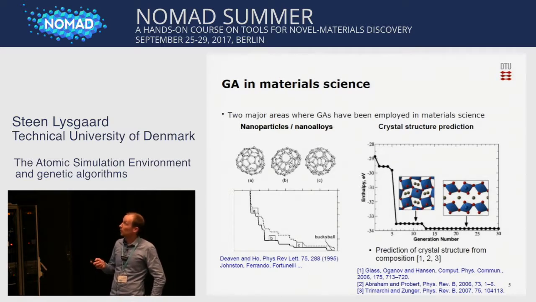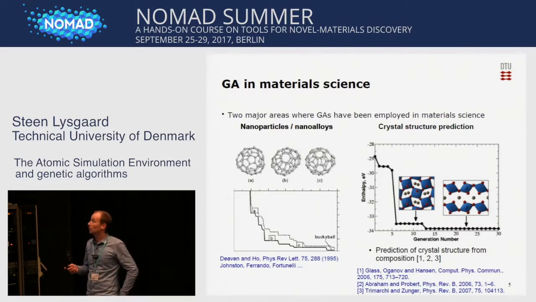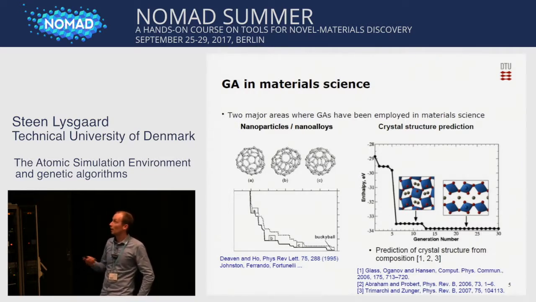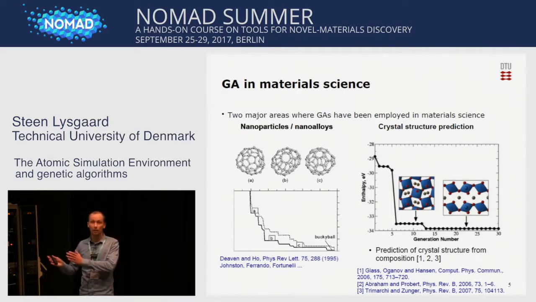they showed that they could predict this C60 molecule, the fullerene, using a genetic algorithm, and they introduced some new operators that hadn't been used before, and they represented the particle in real space instead of using a genetic encoding.